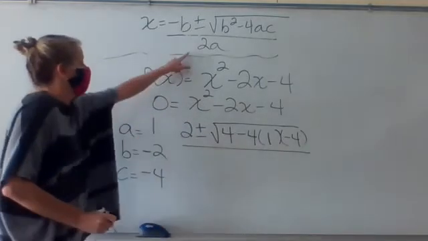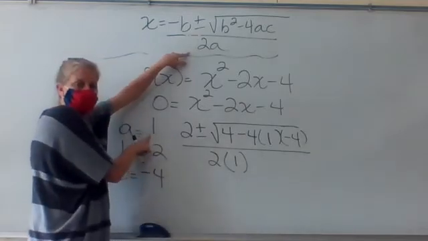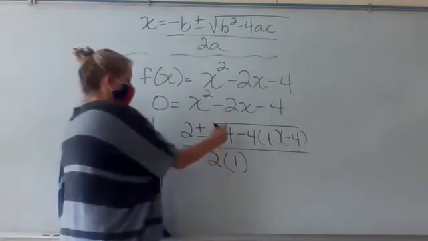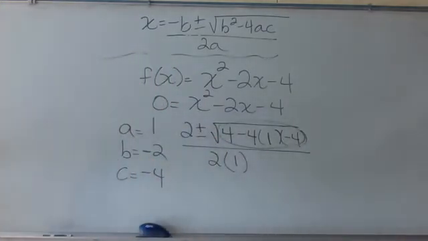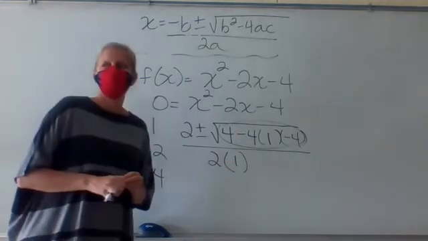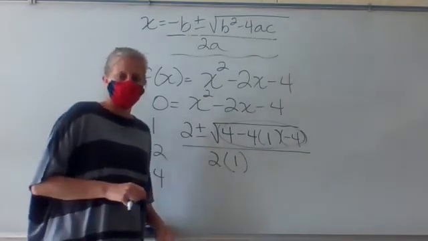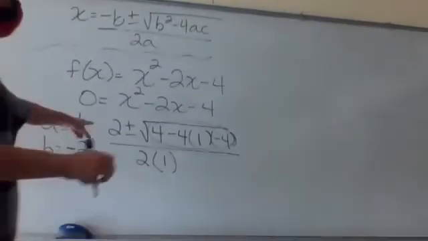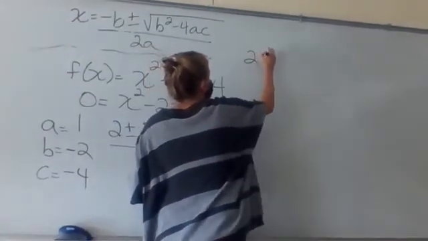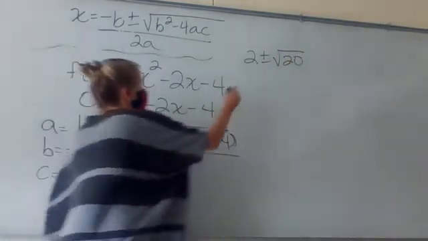All over, your denominator is 2 times A, which is 2 times 1. When I type this in my calculator to see what's underneath my square root, it gives me 20. So this all turns into 20. So I'm going to have 2 plus or minus the square root of 20 over 2.